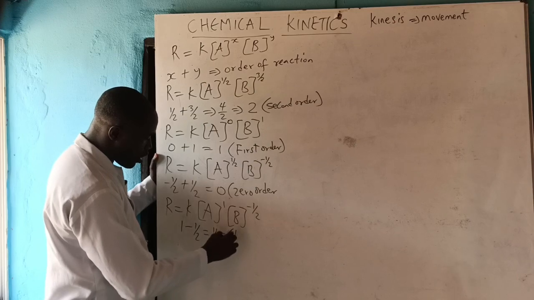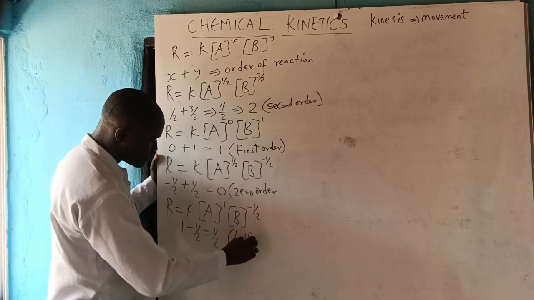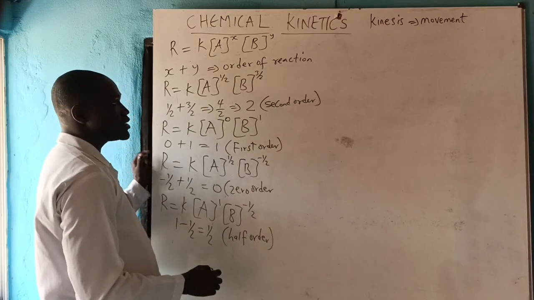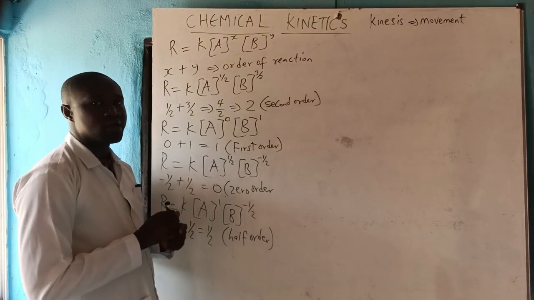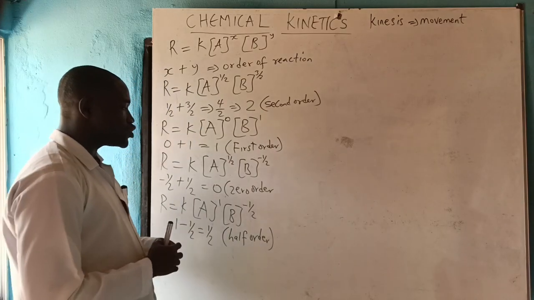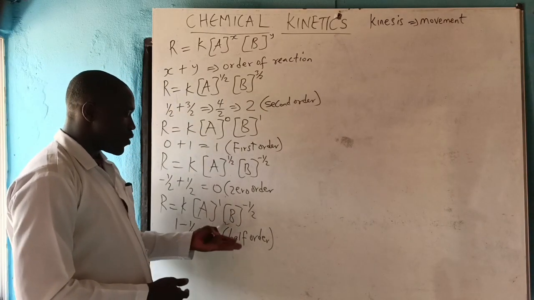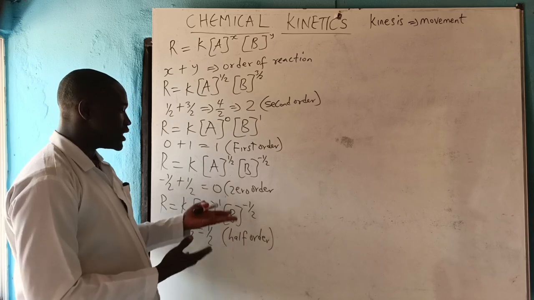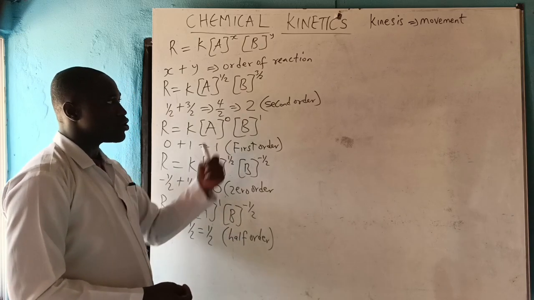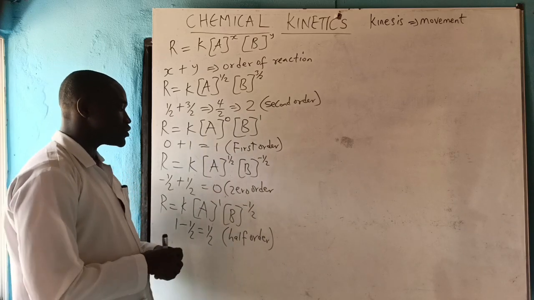This is what we call half order. So in chemistry, we have many order reactions, and it's important for you to know from this example that we can see half order, zero order, first order, and second order reactions.